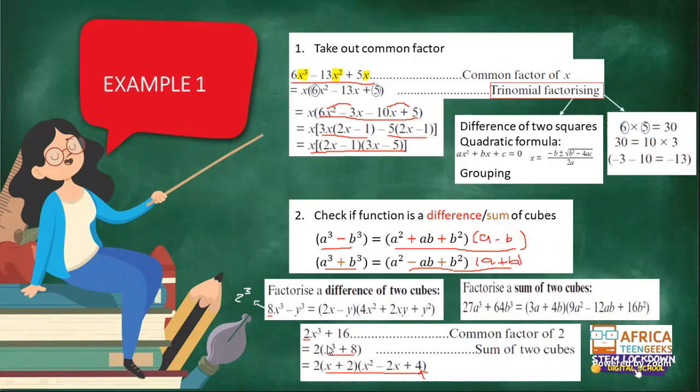So I just factored out the 2. Oh, thank you, ma'am. Now I see it. Okay, great. So are you guys fine? Okay, so let's move to the other one.